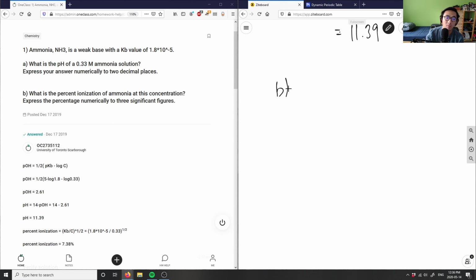So again, if I want to find the percent ionization of a weak base, because ammonia is a weak base, we know the equation, right? So let me just find the equation for you. Usually you're given these kinds of equations, so let me double check the equation, because I actually don't know it off the top of my head.